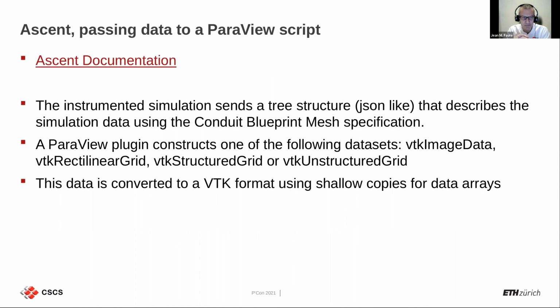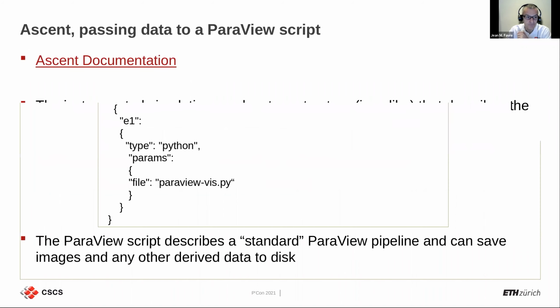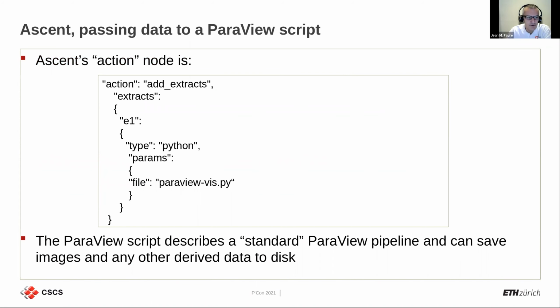And then the way this is implemented in Ascent is via a ParaView plugin, which will construct data of type image data, rectilinear, structured or unstructured grid. And that plugin will internally convert your data to the VTK format, which is required by the ParaView script. So this would be my action node defined for Ascent.